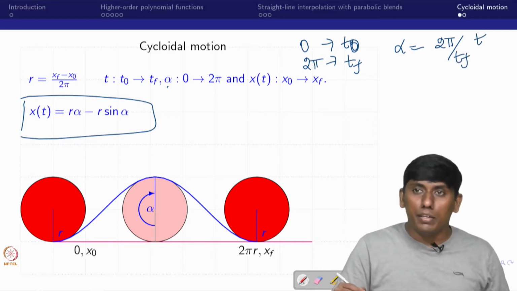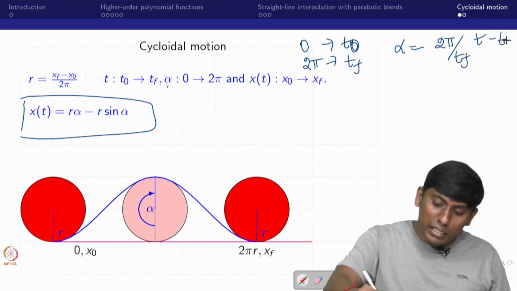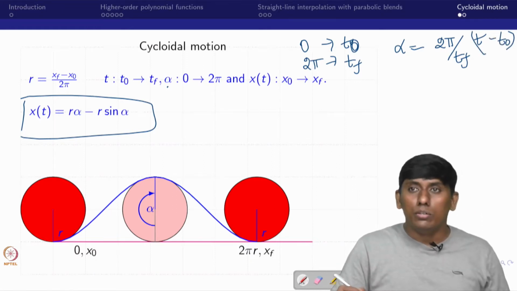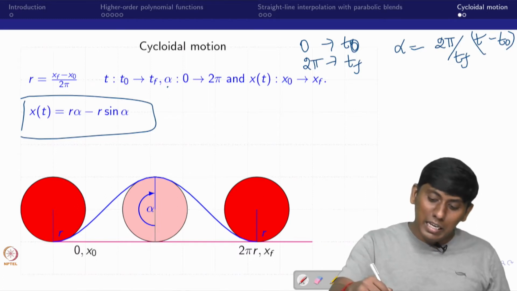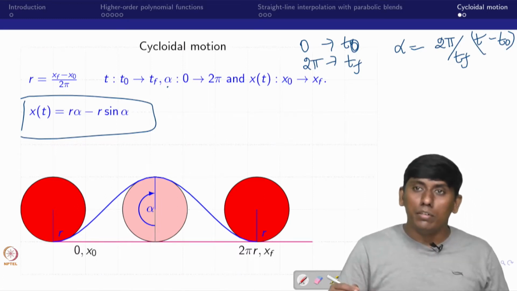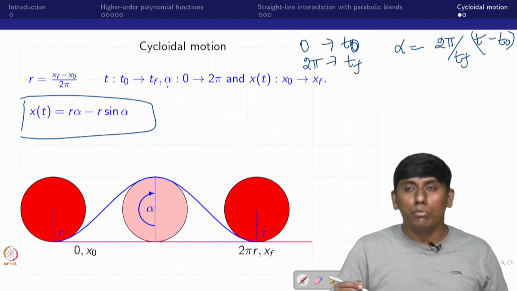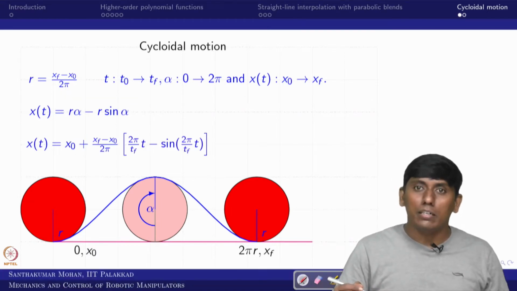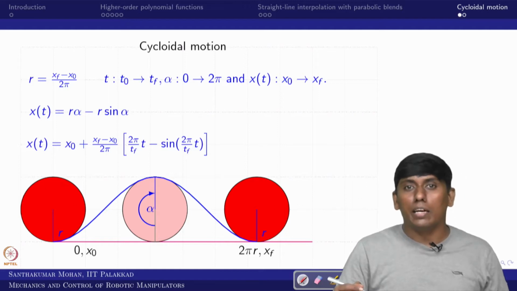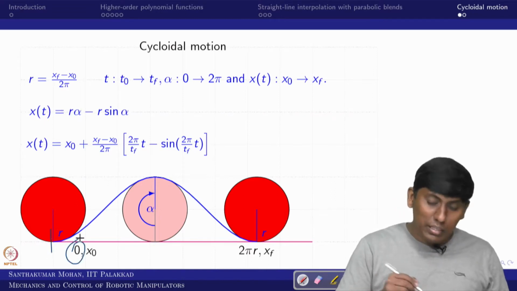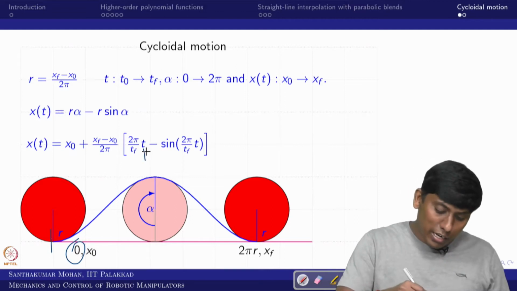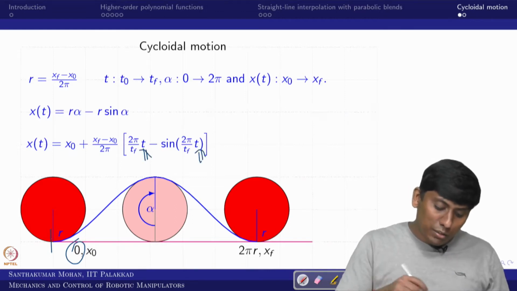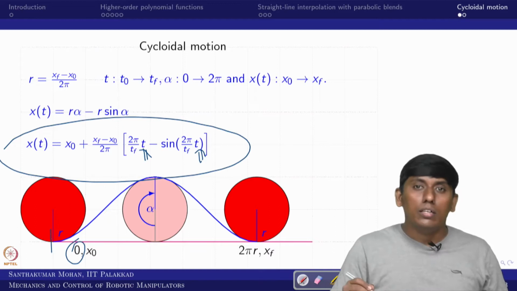Strictly, it is t minus t0, so when t equals tf you get 2 pi. We always assume that t0 equals 0, we start from this. So I can write t straight away, and this is the overall equation.